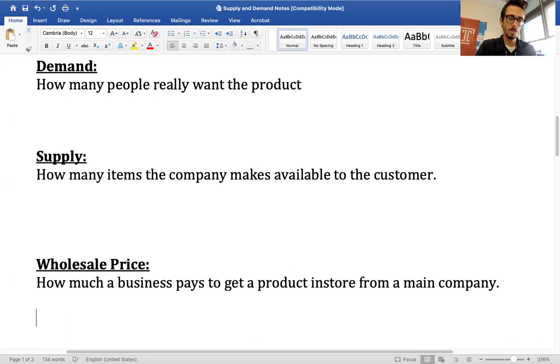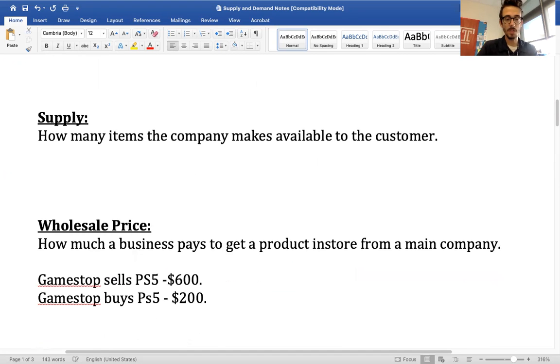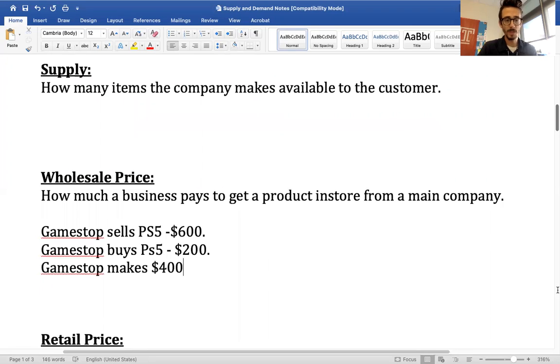So GameStop, let's say, sells PS5 for what, 600 bucks? But GameStop buys the PS5, each one, maybe for 200 bucks. What do you think the profit is for GameStop? Hopefully you're saying 400 bucks, the difference between the two.